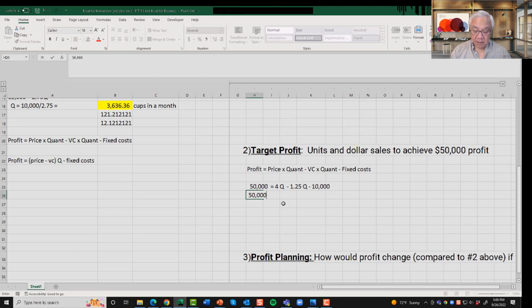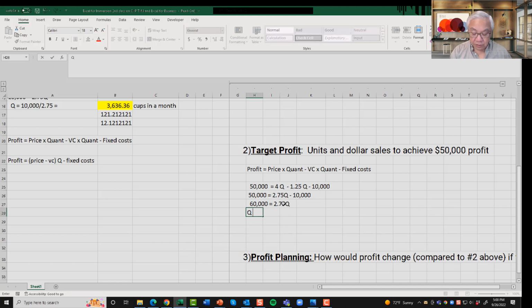50,000 equals 2.75Q minus 10,000. Then we can combine terms, bring the 10,000 to the left side, so we end up with 60,000 equals 2.75Q.